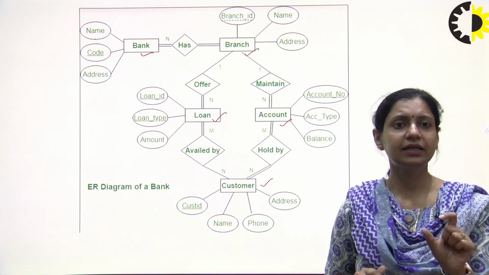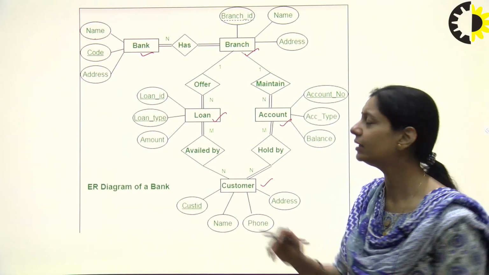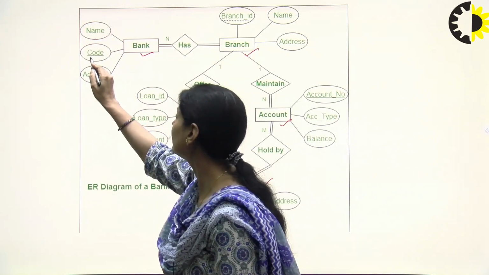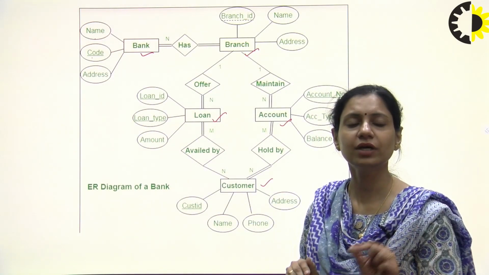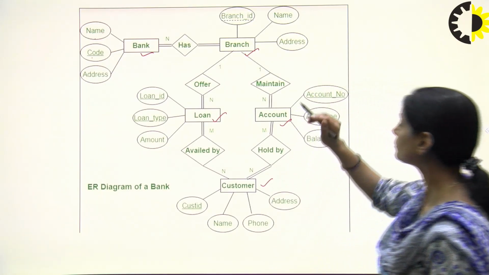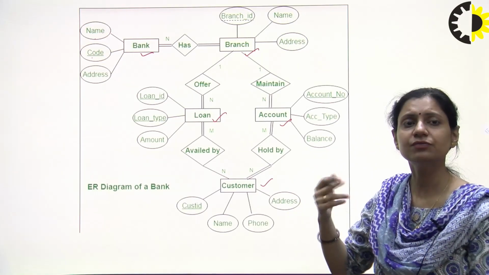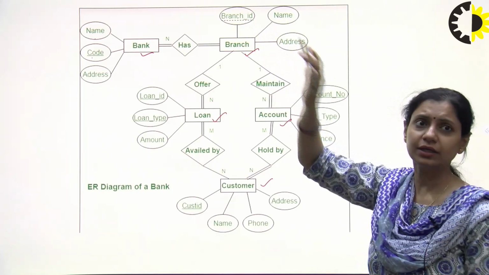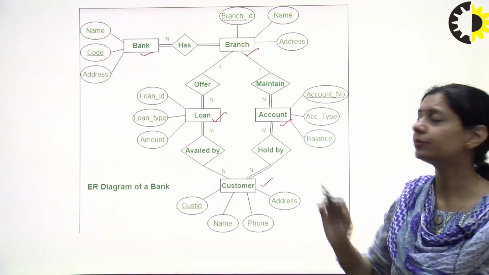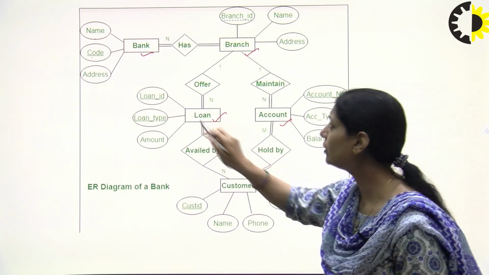Each and every entity will have a key attribute through which we can identify a particular entity. So bank entity will have the code as the key attribute, which will be unique for each entity. The branch will have the branch ID because this is acting as a foreign key for some other table. That is why it is shown in a dotted manner, but it is a key attribute for the entity branch. Similarly, we talk about loan.